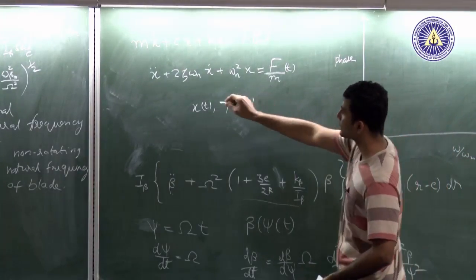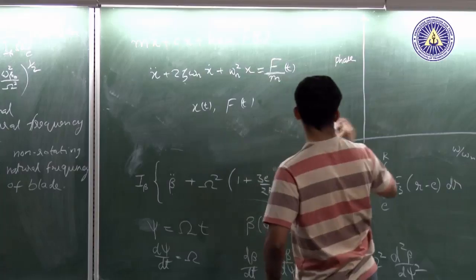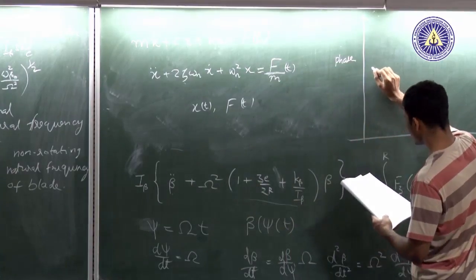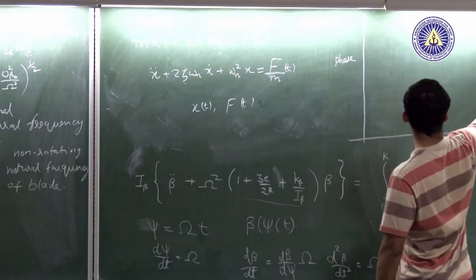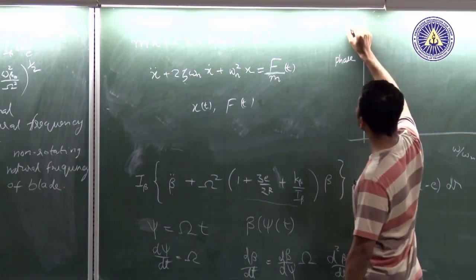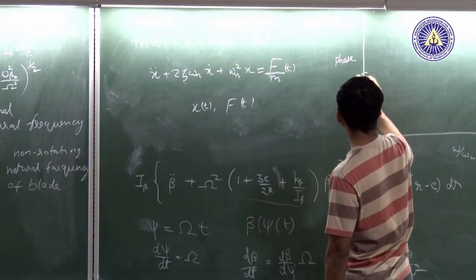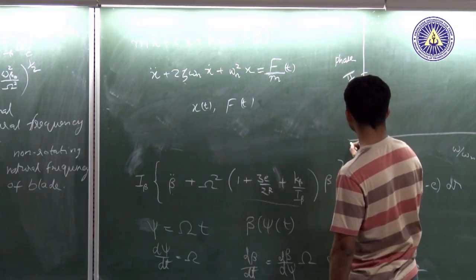For different damping ratios, that means for different zeta, we will have this kind of phase relation. So this is pi, this is pi by 2, and this is 0.